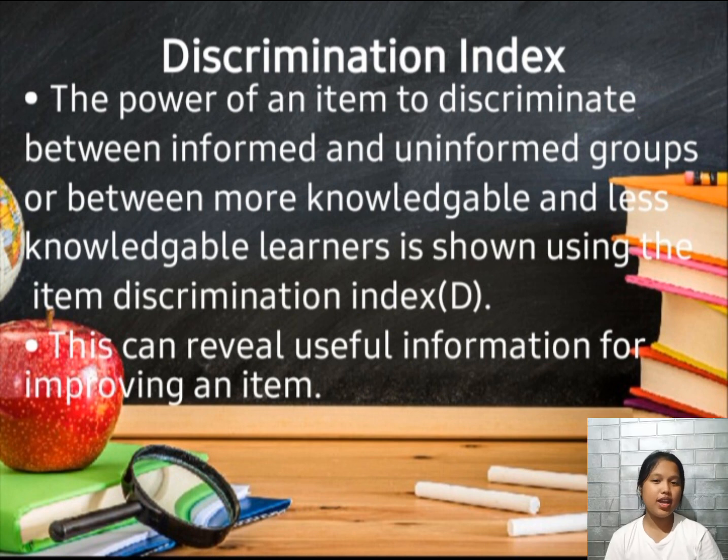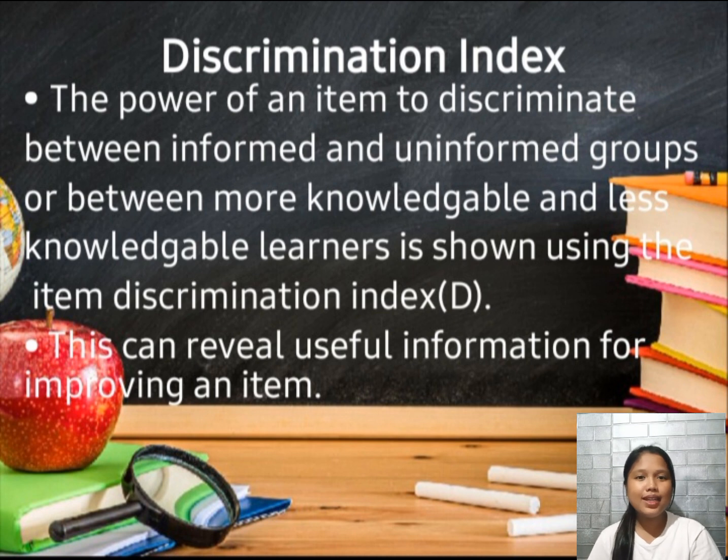The discrimination index is a measure of an item's ability to discriminate between those who scored high on the total test and those who scored low. It helps to determine the extent to which a specific test question can differentiate between those who possess the knowledge or skill being tested and those who do not.